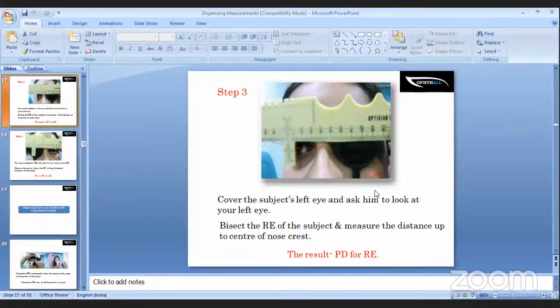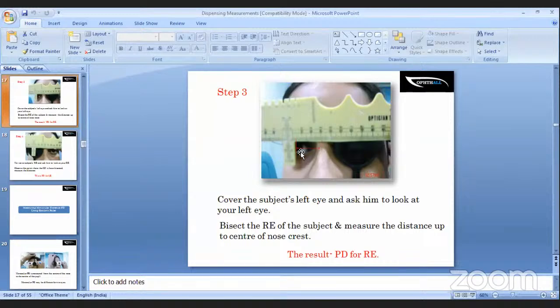Step 3, cover the patient's left eye and ask him to look at your left eye. Now, once you cover the patient's left eye, you bisect the right eye of the patient and measure the distance up to center of the nose, as shown in the picture.